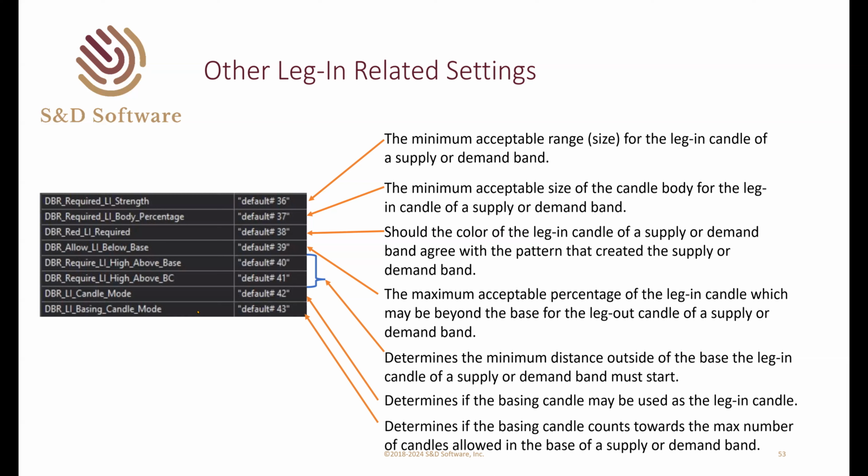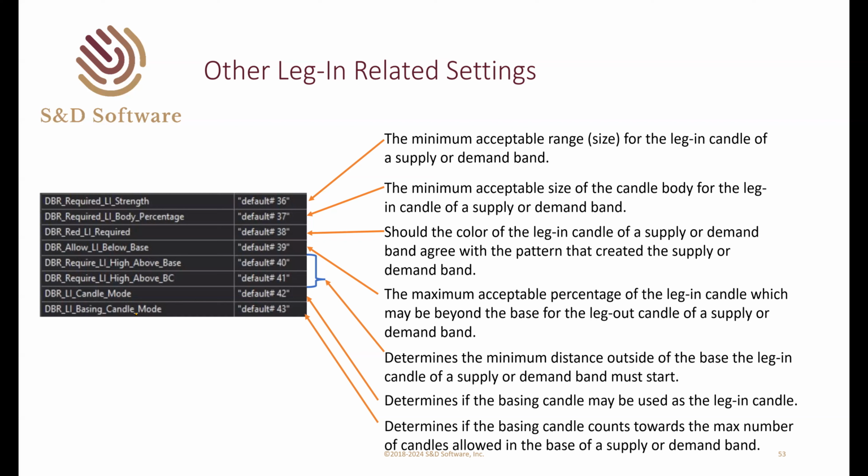Okay, so the last setting here. We talked about the setting before, which determines whether or not you can use the basing candle as a leg in. And then the next setting, the leg in basing candle mode, determines when the basing candle is counted as part of the base and when it's not.